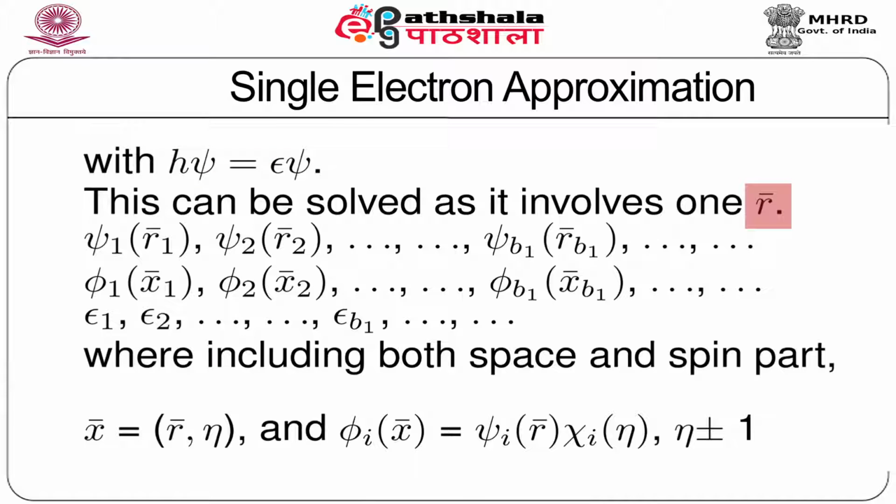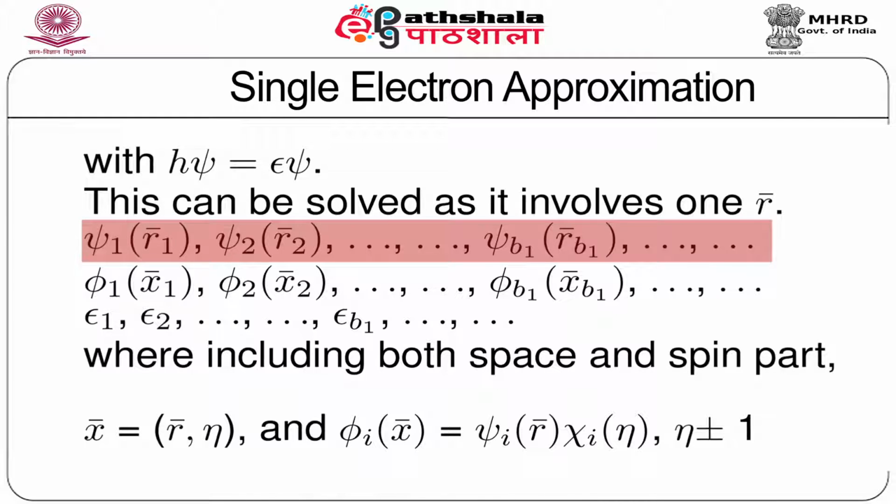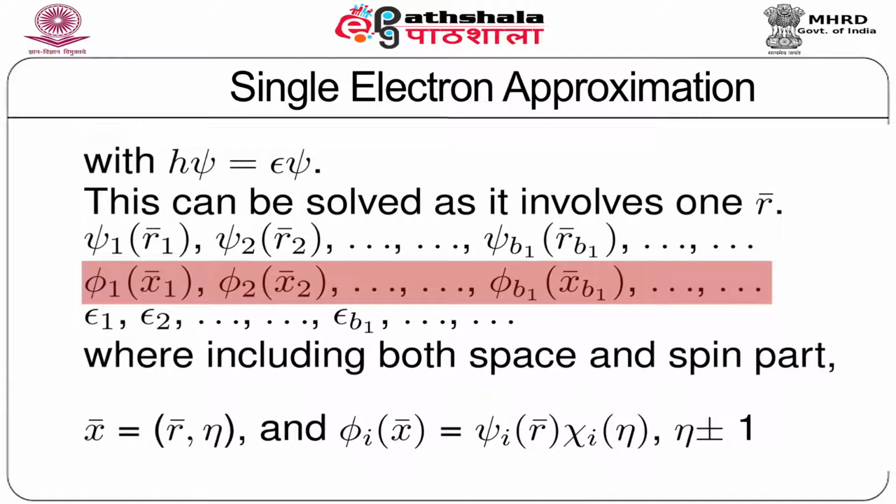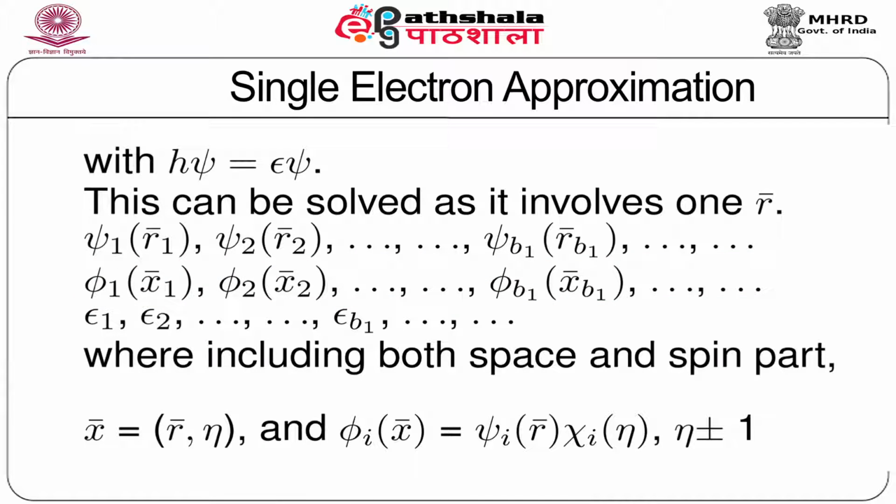This can be solved as this problem involves only one space coordinate r. One can then write the solution of little h_i, where i runs from 1 to n, as psi1(r1), psi1(r2), etc. The corresponding wave function, taking into account the spin part, is given by phi1(x1), phi2(x2), etc., where x involves both the space and the spin part of the coordinate.